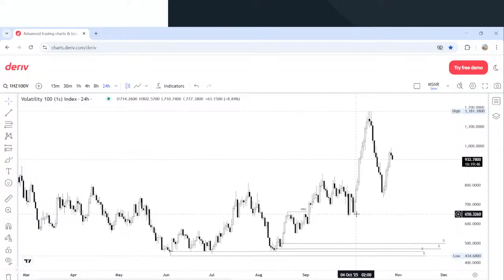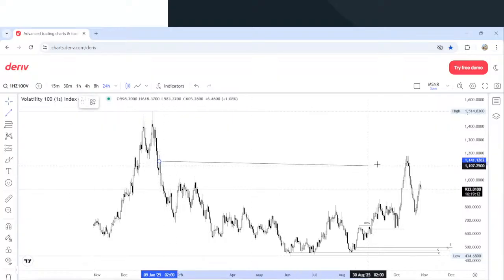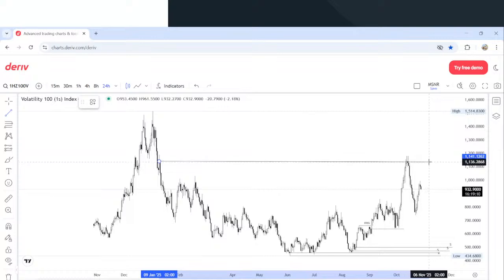So it was just reacting from this level. It didn't react on this one. There is something here. It reacted on top of this one, and then it went all the way up. Oh, there's something there.